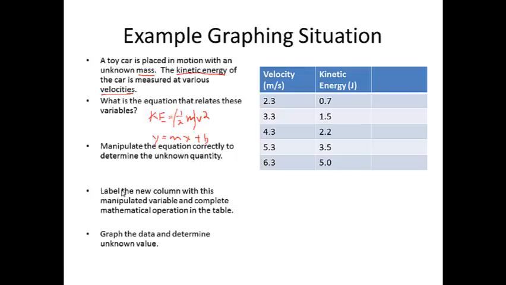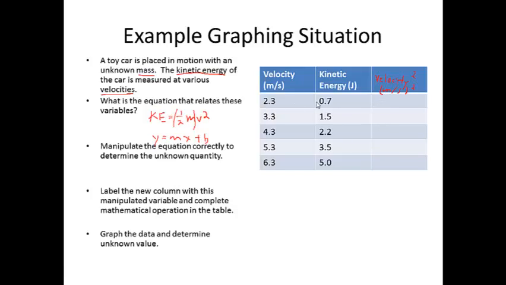All right, so we have this new column. They usually do this on the AP test. They give you a new column to do any calculation you need. So we're going to call this new column velocity squared, and I'm going to put the units, meters per second squared. And I went ahead and did this square.